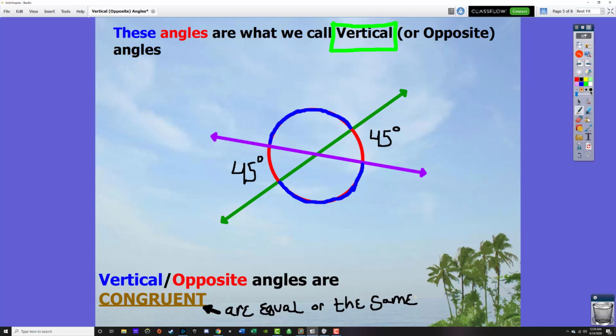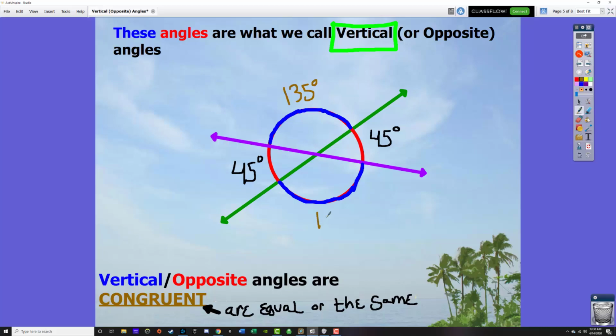Up here, I don't really want to use the same colors that I've used before, so let's use a brown color. If I were to tell you that this blue angle up here is 135 degrees, that should tell you everything you need to know about its vertical or opposite angle.